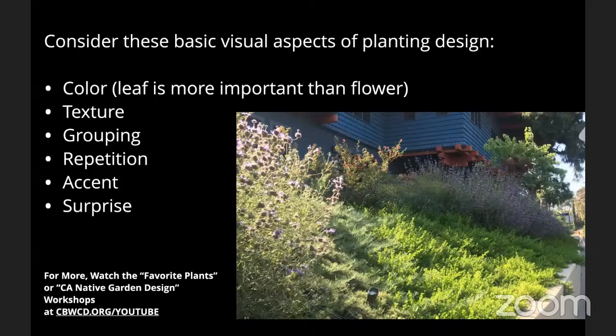The color and texture, which is the size and shape that makes up that texture of the leaves and the form of the plant, are what's going to be working 365 days of every year. And so you can see here, even though plants are green, in Southern California, we have all sorts of also gray greens, dark greens, almost silvers.